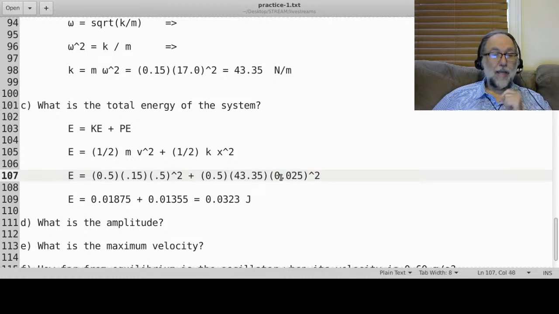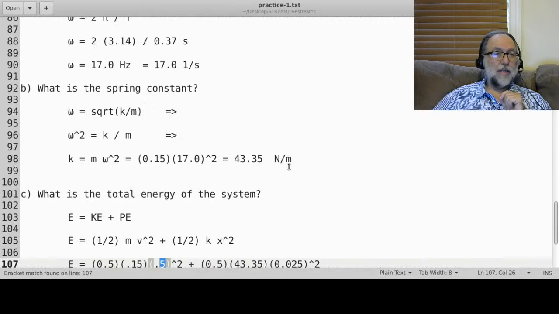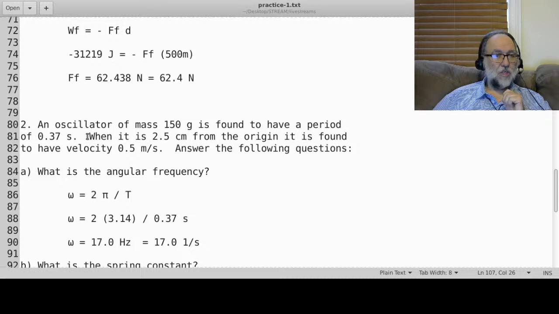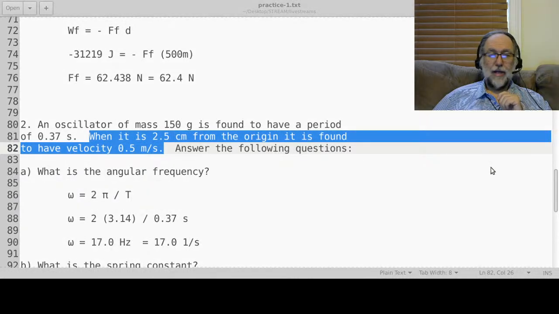That's why I put the x there and v there. Once again, go back to the language here and read that part that I have highlighted. When it is 2.5 centimeters from equilibrium, that is when it is 0.025 meters from equilibrium, then it is traveling at 0.5 meters per second.